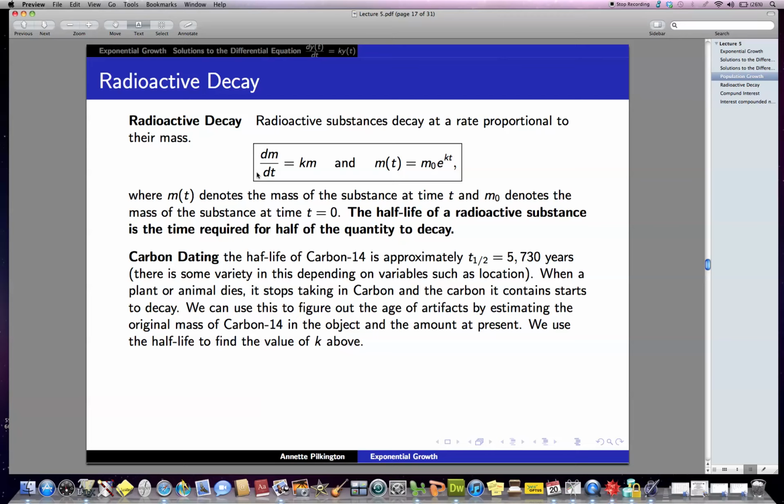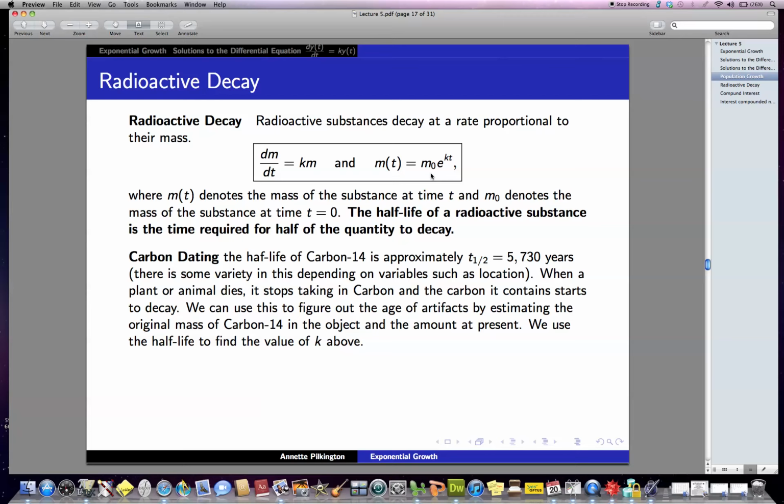And therefore, the mass of the substance at time t is a solution to that equation. So the mass of the substance at time t is the initial mass times e to the kt. So once you know what the k is and the initial mass, you can figure out the mass of the substance at time t.